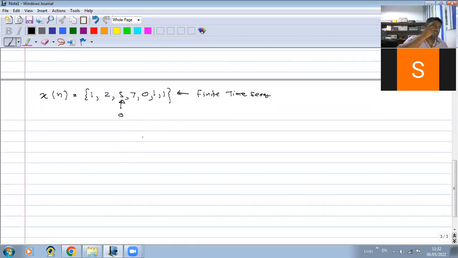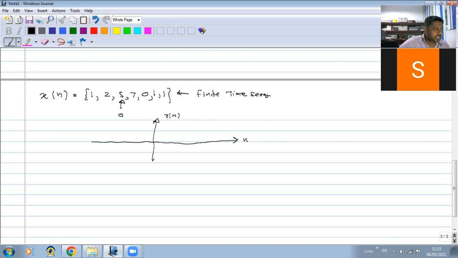I think you can do it by yourself, but I will do it. First, it is better to draw the sampled signal. So this is with respect to n, and we have x[n]. This is 0.